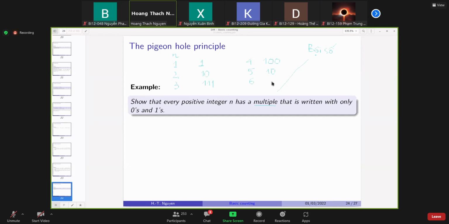But we can prove it. Even if we verify this for n up to 100, that doesn't qualify as a proof, because in order to prove we have to use logic and deduction. We cannot just show some examples in which it works.